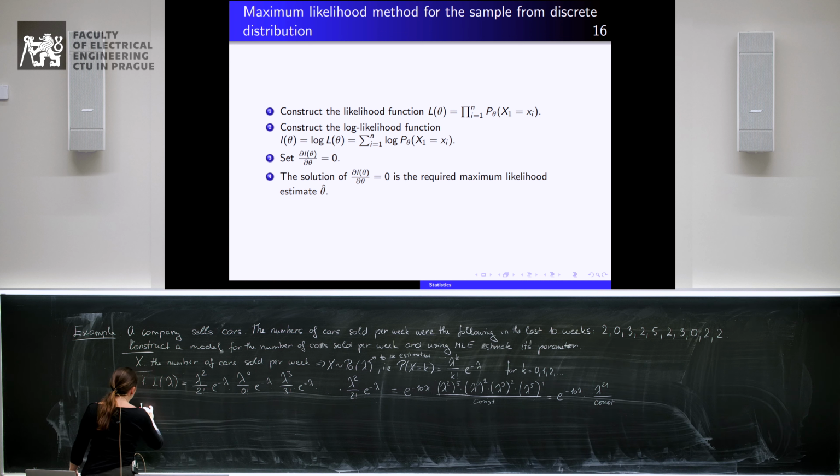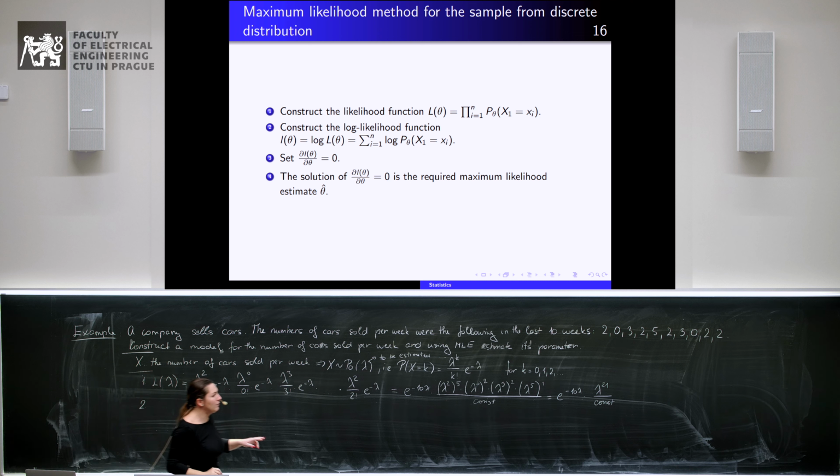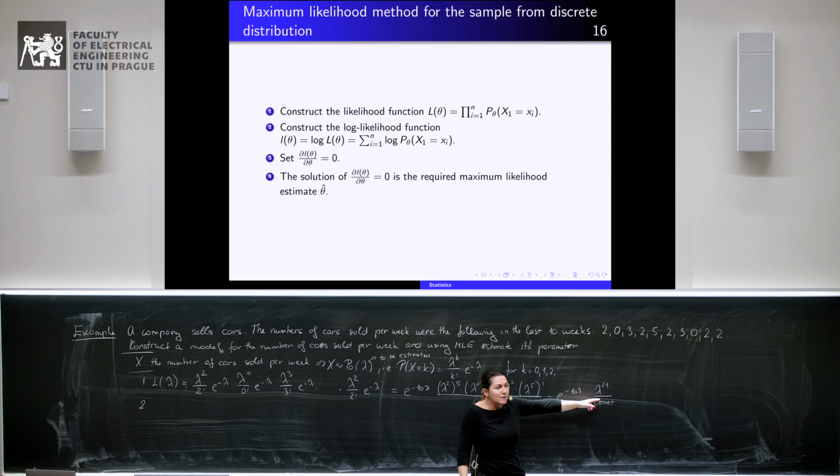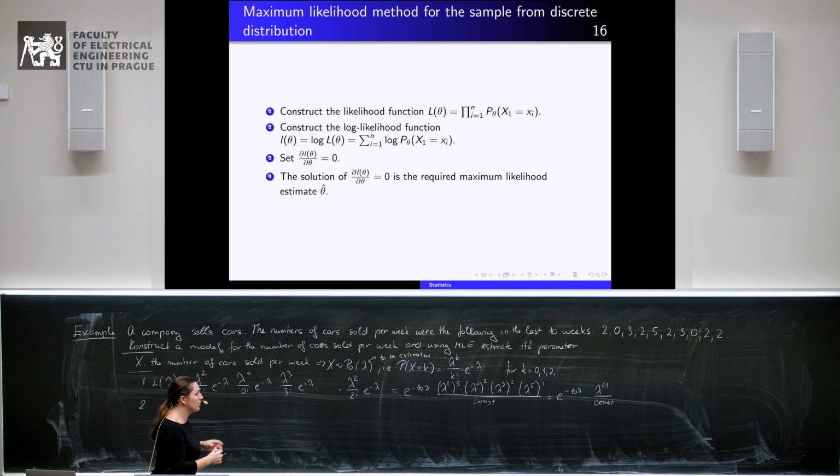Now we should calculate the derivative from this term. It is quite easy to calculate the derivative directly, but I will show you the second step. It makes it a little bit simpler. So we will calculate the logarithm. I will choose the natural logarithm because I have e in this likelihood function.